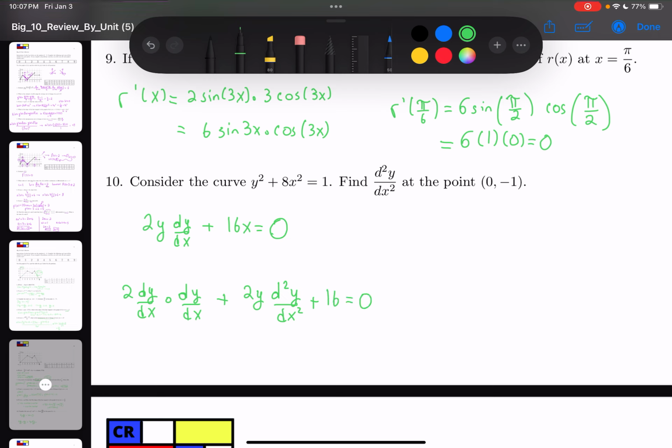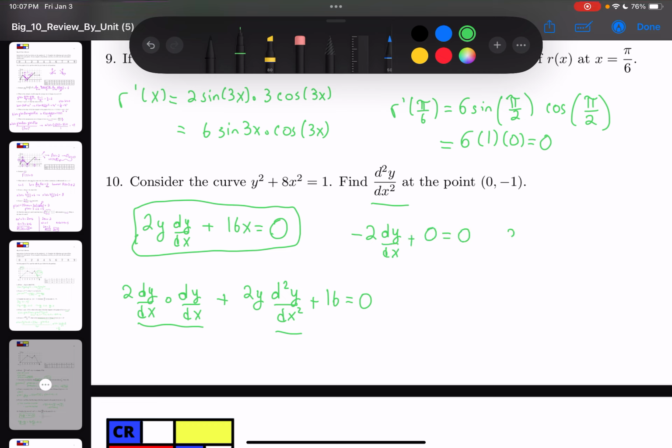Now, over here, they want us to find d squared y over dx squared, which is literally over here, right? However, I still have dy over dx, and I need to compute its value. Luckily, I have this equation over here. So, the y is basically equal to negative 1, and the x is equal to 0. So, it's going to be negative 2 dy over dx plus 0 is equal to 0.